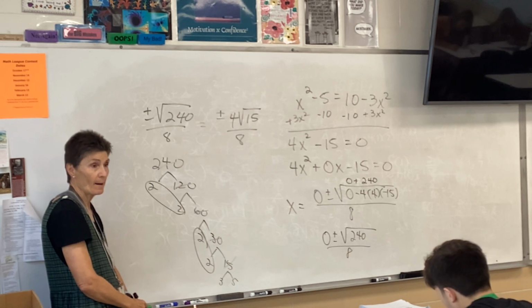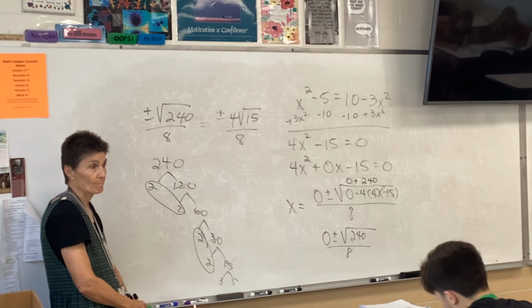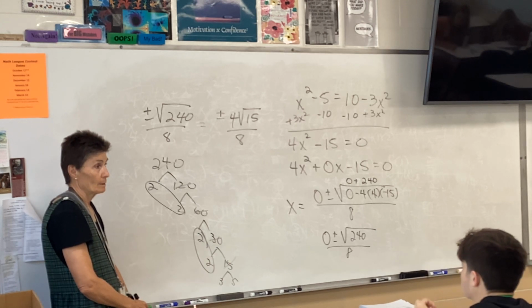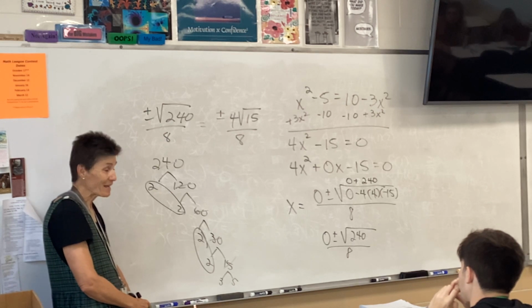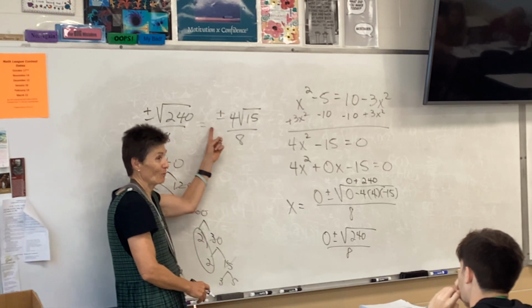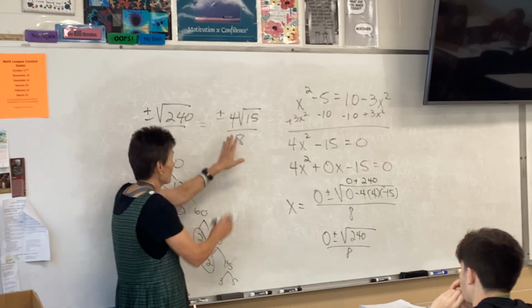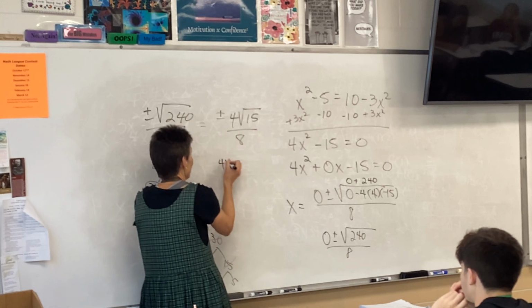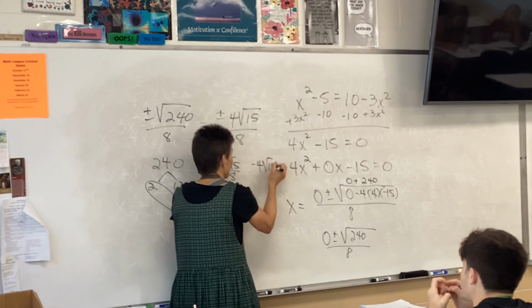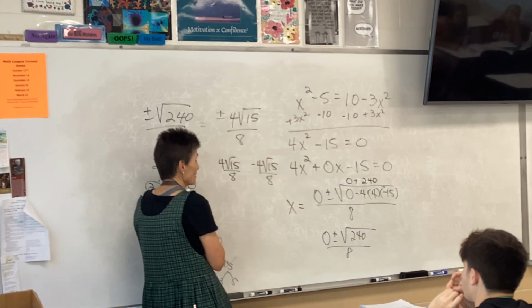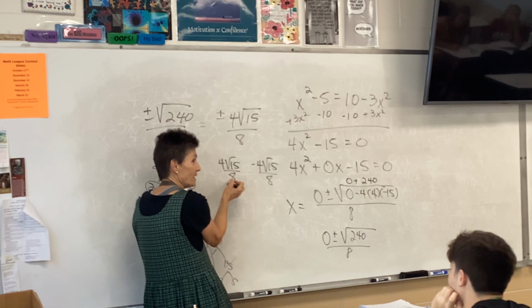What do you think about that? Can I cancel my 4 and my 8? Well, yeah. Actually, you can, because there's no other number over here. So here are your 2 answers. 4 root 15 over 8 and negative 4 root 15 over 8. Can't you cancel 4 and 8?